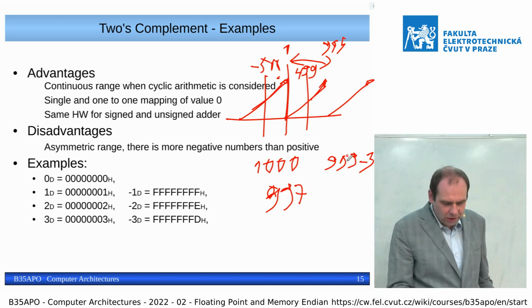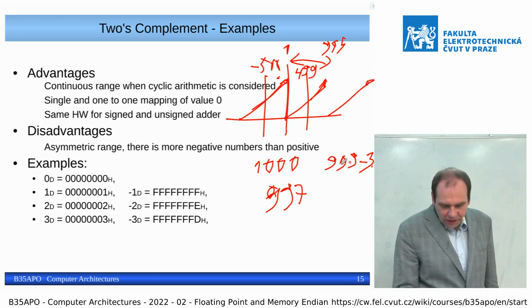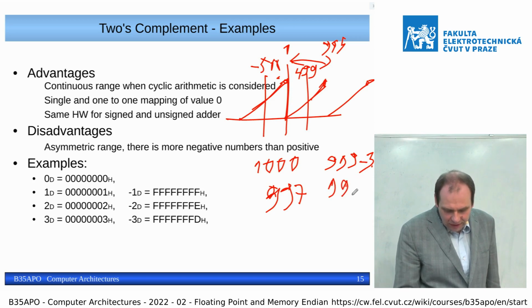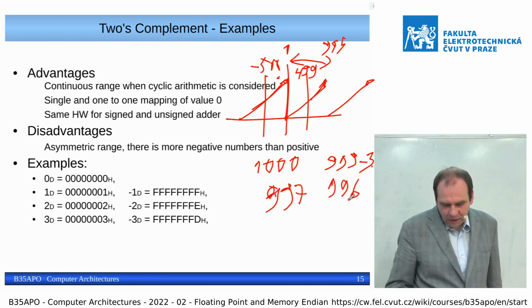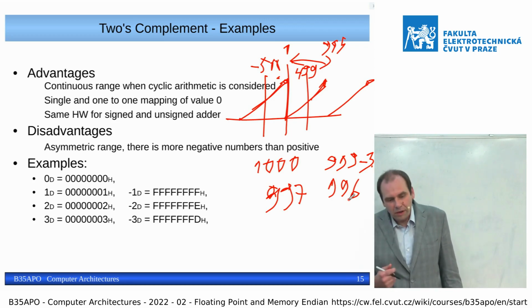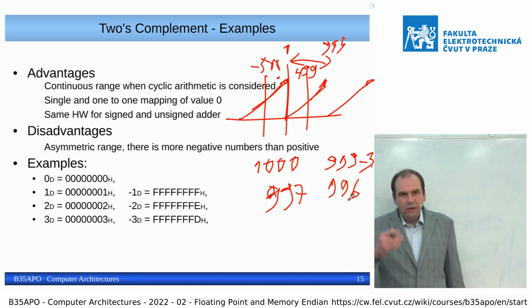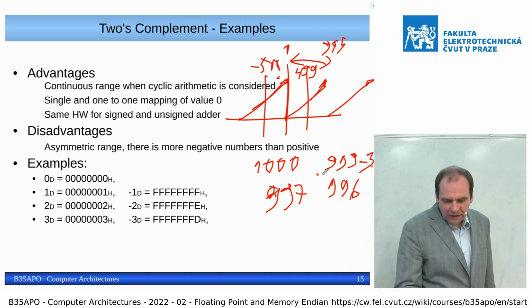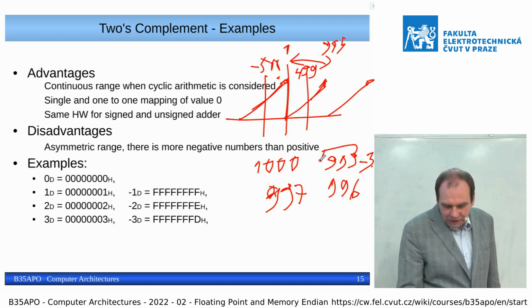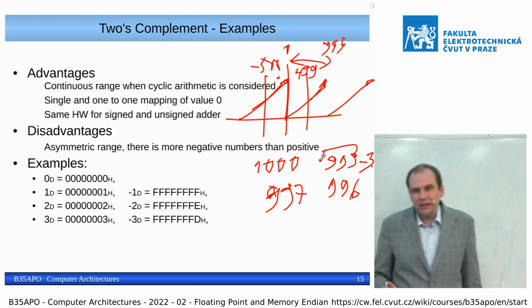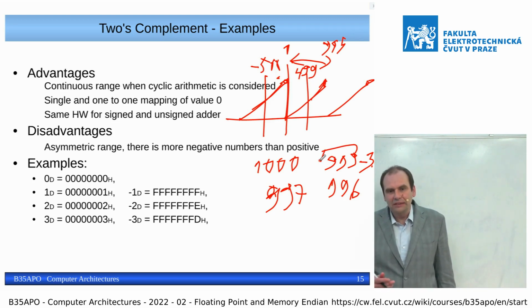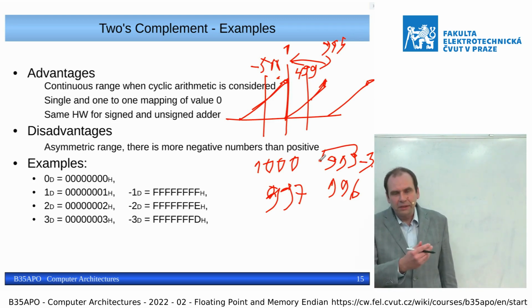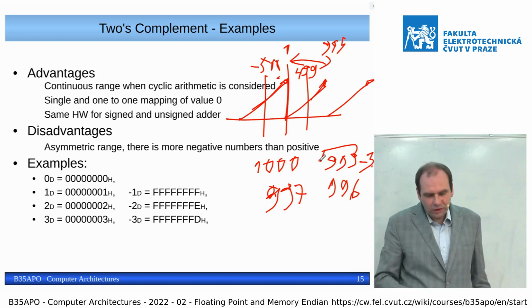So, if I subtract 3 from 999, I get 996, which is not a complement to the module, but to the module minus 1. But it is easy to count, because it is very easy to subtract any number from the maximum value digit by digit, since in that case you have no borrow from the upper digits.